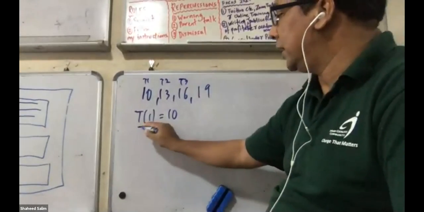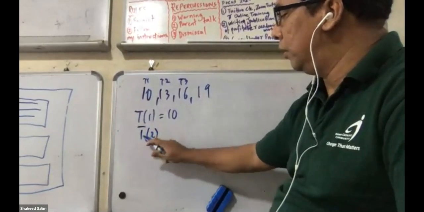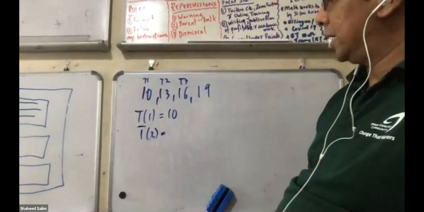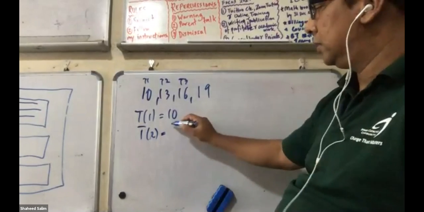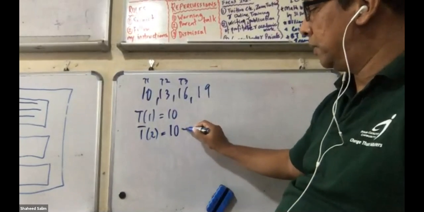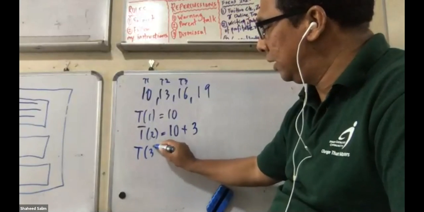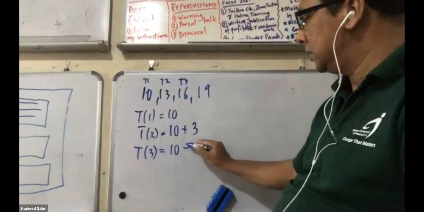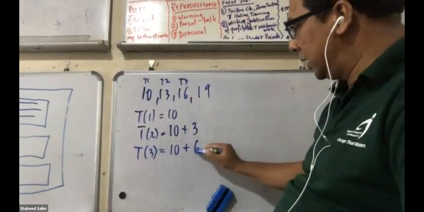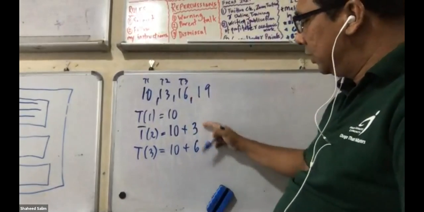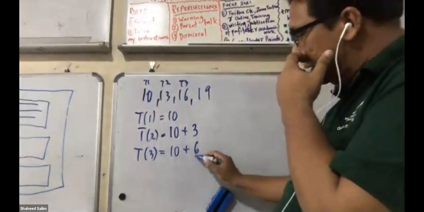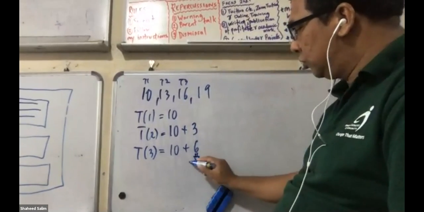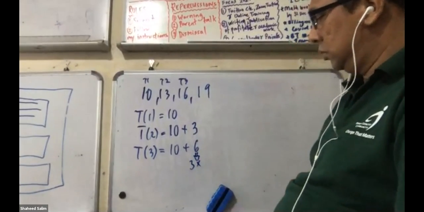Now, the second term is when you are coming up with the formula. The second term is 10 plus 3. The third one, you can see the formula clearer. Third one, 10 plus 6. Now this 6, we want to make it as a multiple of 3. So this is equal to 3 times 2.